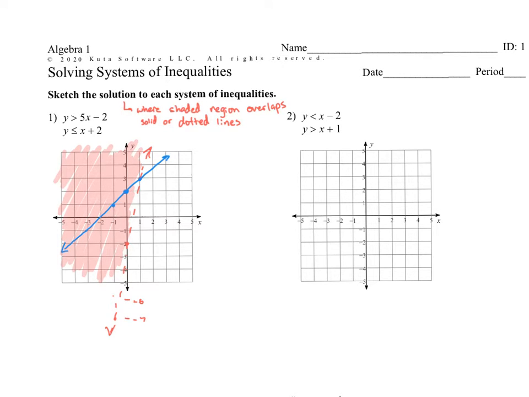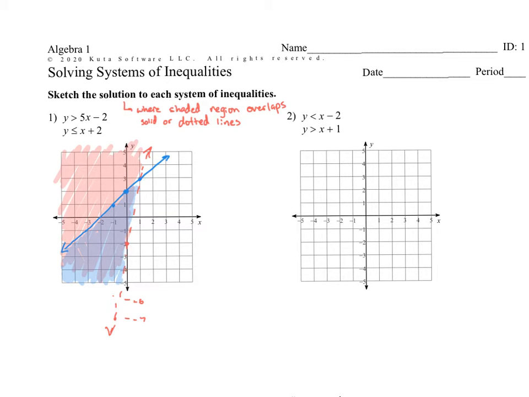Y is less than. Now remember, the solution is where the two shaded regions overlap. So I don't need to shade everything, I just need to shade the intersection, which means less than the blue, but still in the red shaded area is right there. And this shaded region is my solution.